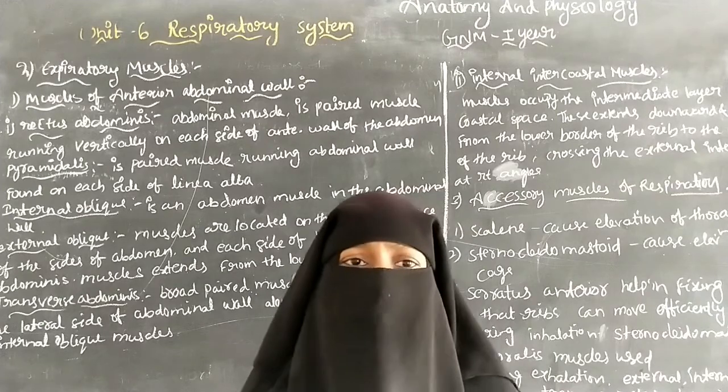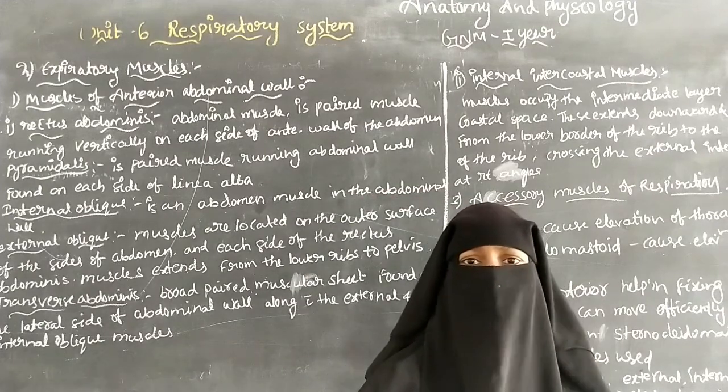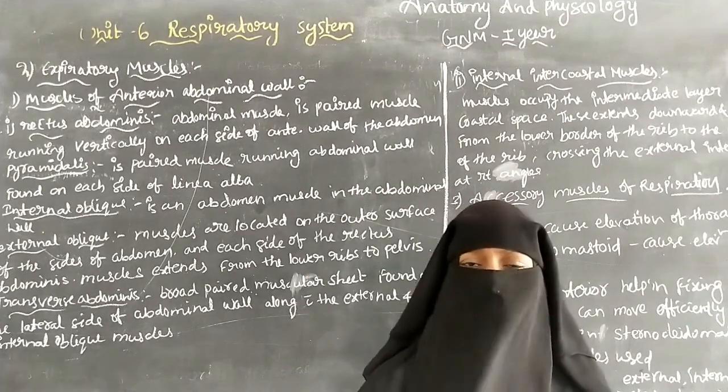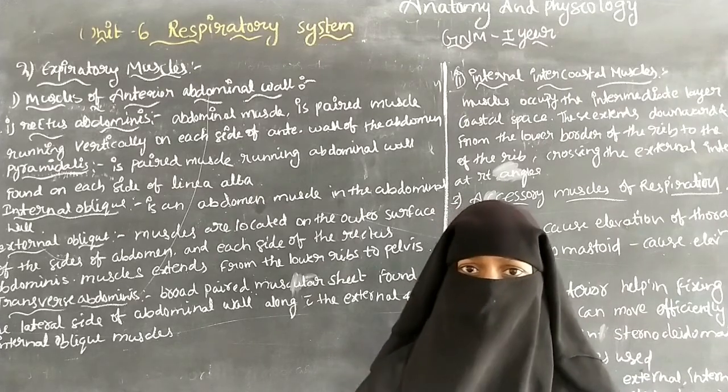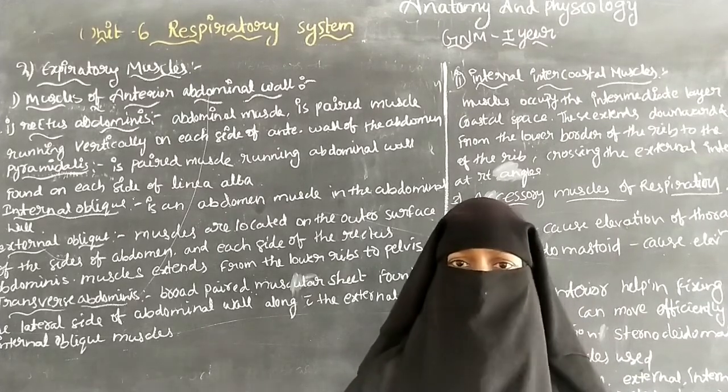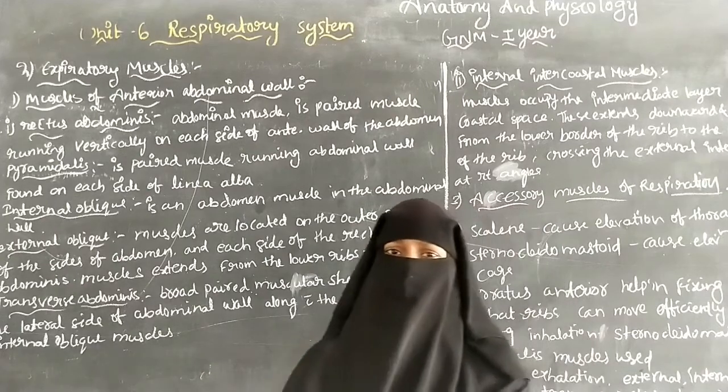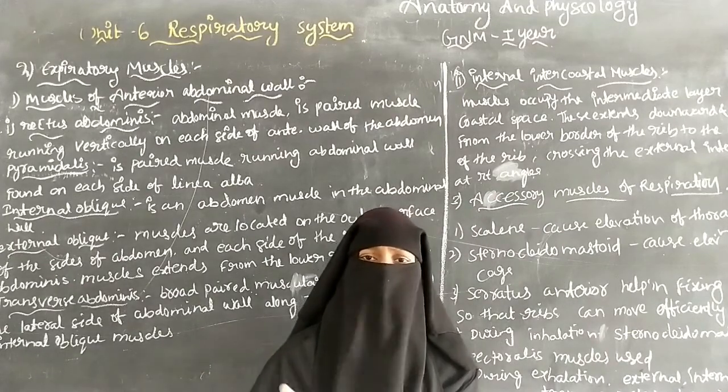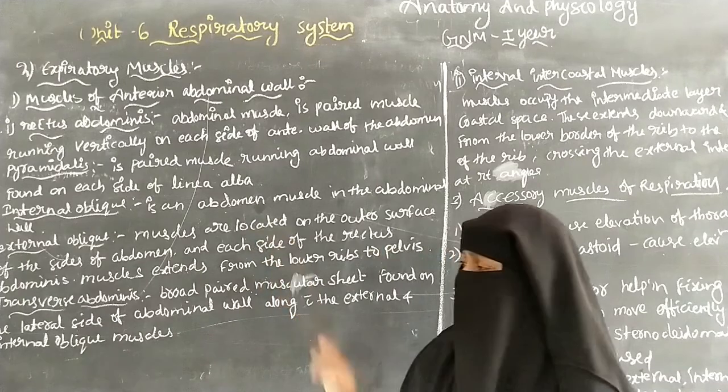The linea alba originates at the tip of the xiphoid process, which is the end part of the sternum.